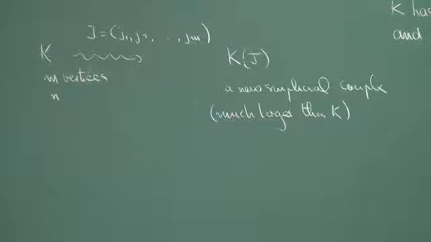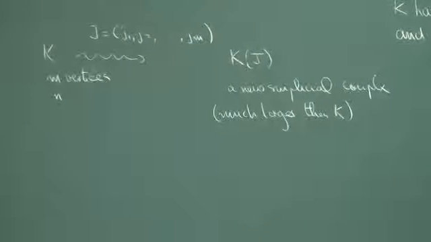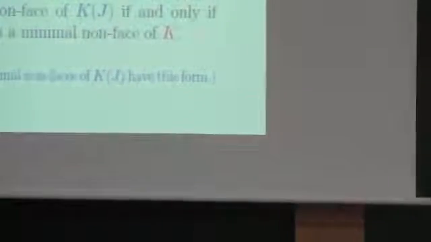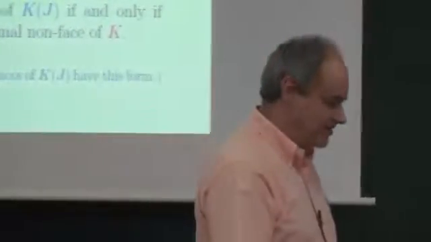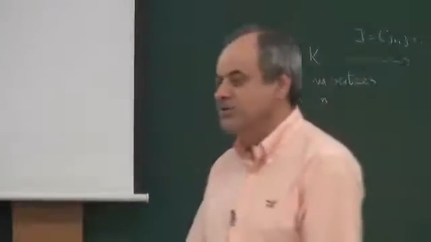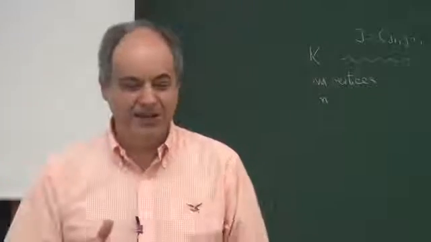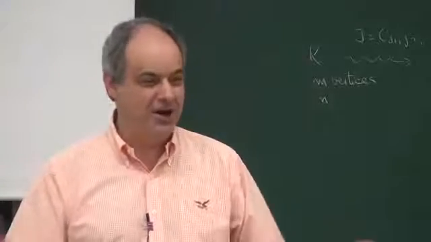So the only thing I need to do is to specify the simplices which are missing from the simplex, and that will tell me what the simplicial complex is. So here is my definition. I know that this is very complicated, but I'm going to follow the rule of Gelfand, who said, show me a trivial example and I will work out the complicated one for myself. So that's what I'm going to do.